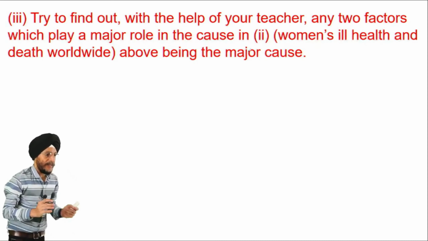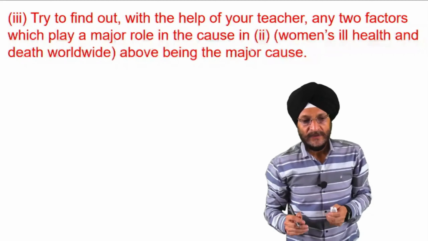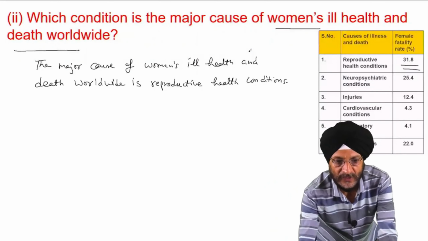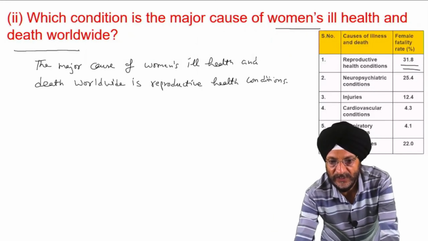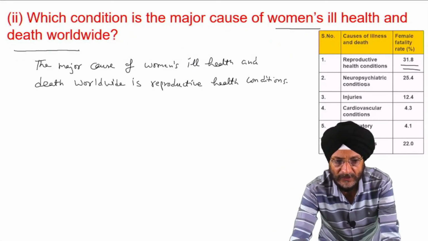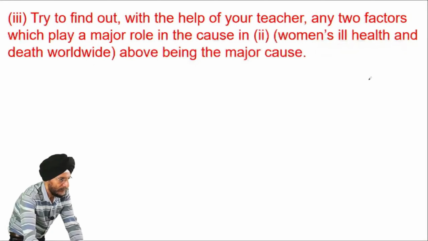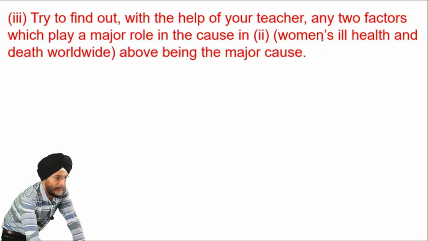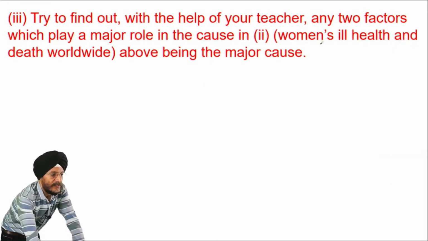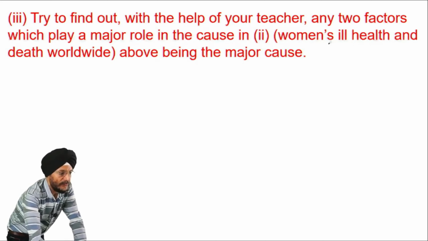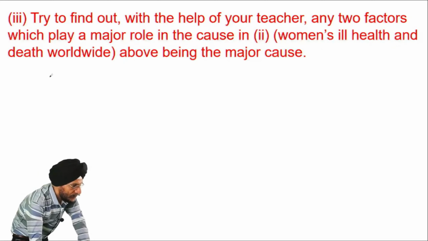That is, what are the main two factors which cause reproductive health conditions, ill health? What are the main causes? That is, what is the main cause which is resulting in the death or illness of the woman due to reproductive health conditions?